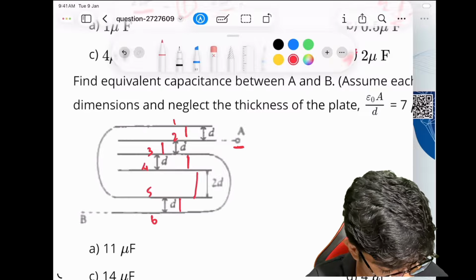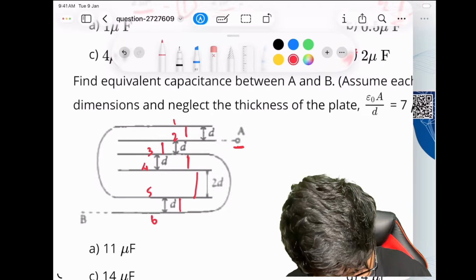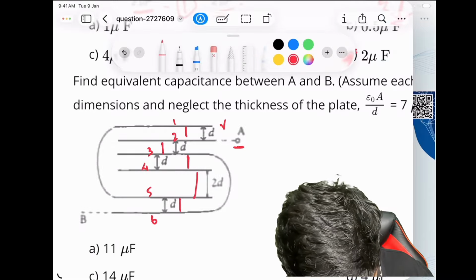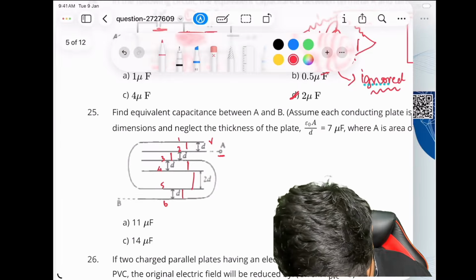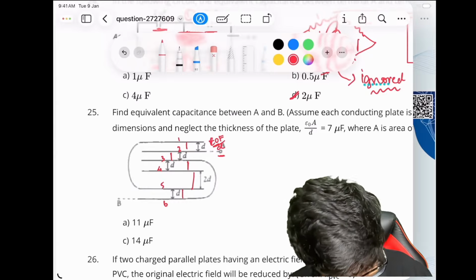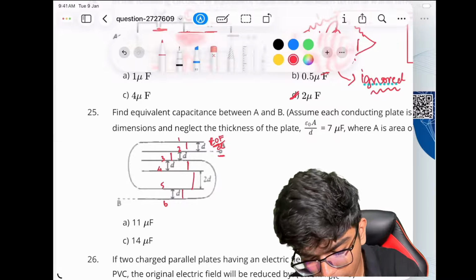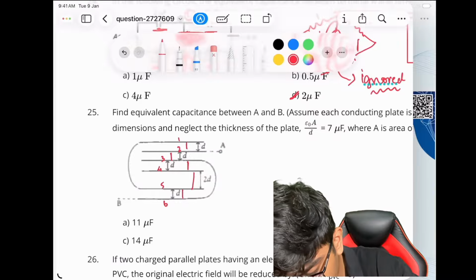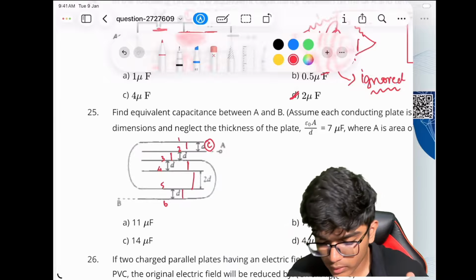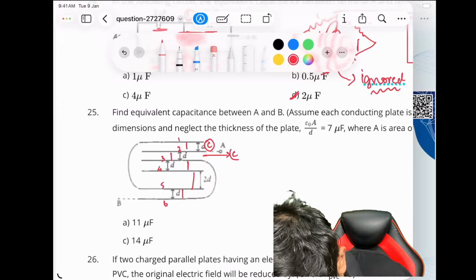Okay, so now let's take this as the first capacitance, which is nothing but epsilon naught A by d. Okay, then this 7 microfarad. Let's take this, just for simplification, as CA, its capacitance. Now 2 and 3 are there; the capacitance in between, let's take it as C. Very simple, don't worry.